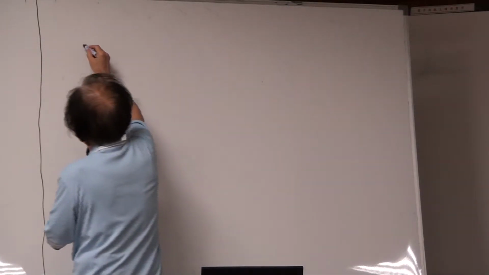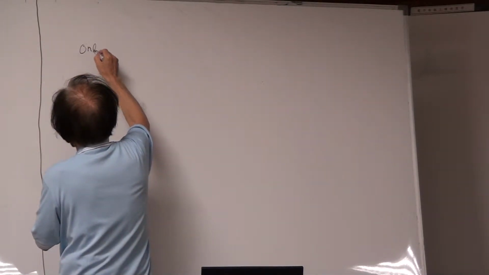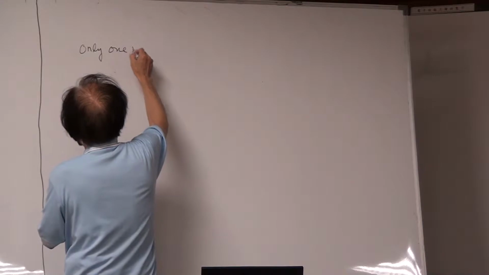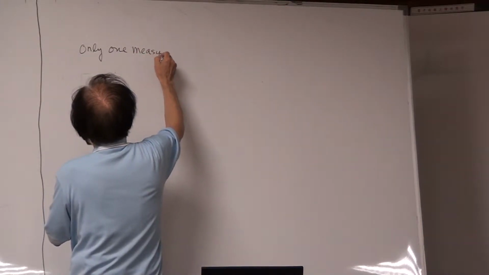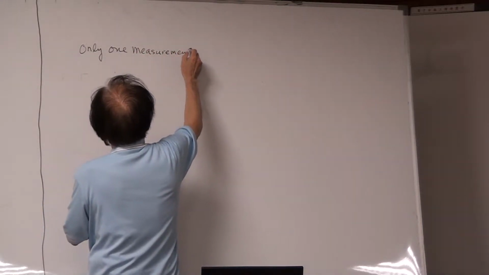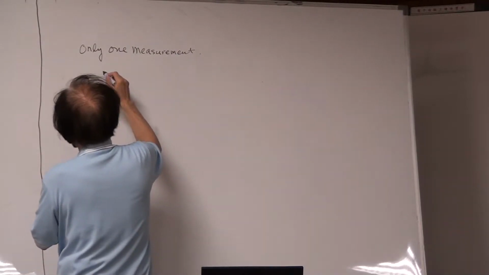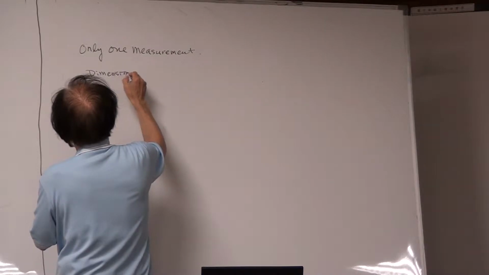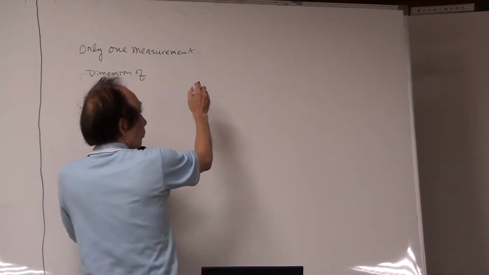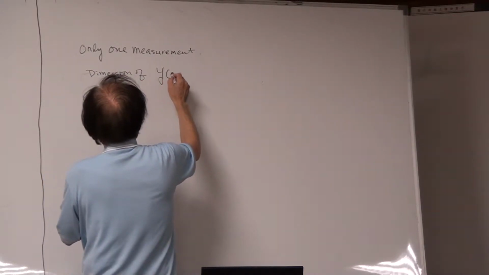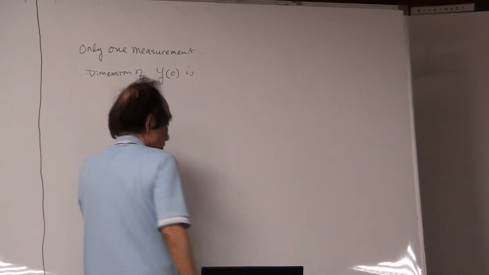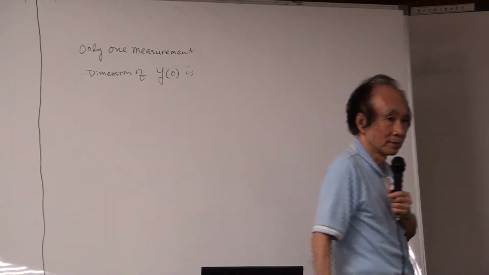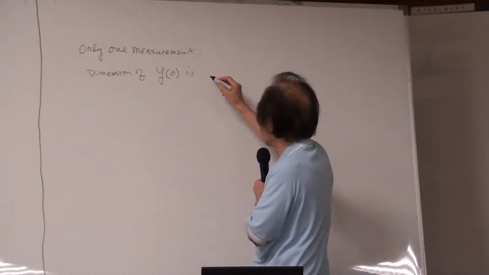If I have only one measurement, now the dimension of Y0 is how much? That's 1 by 1, right?